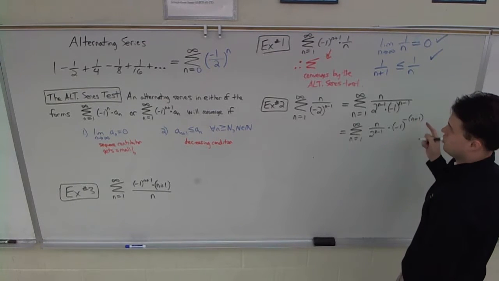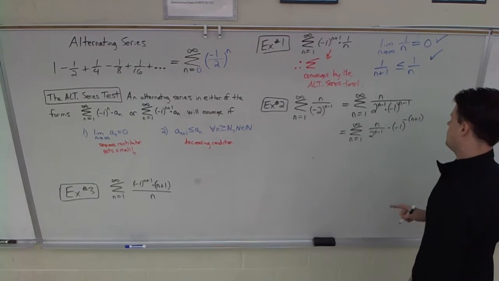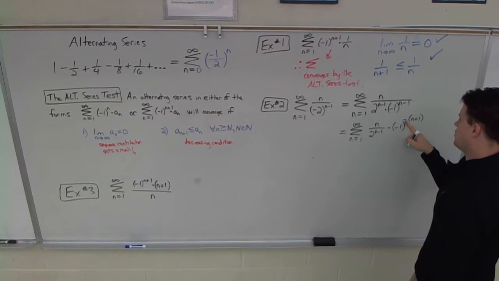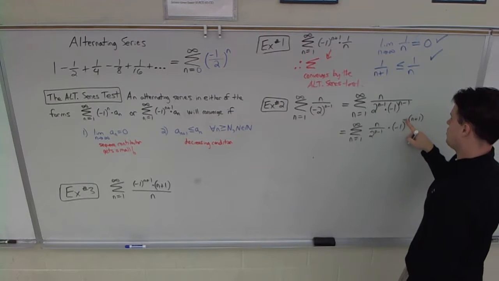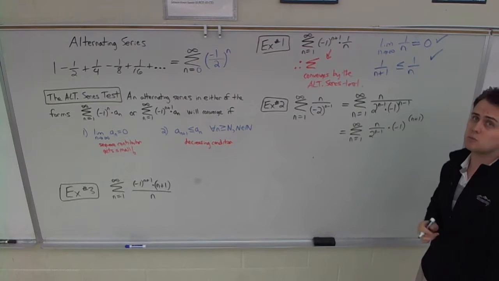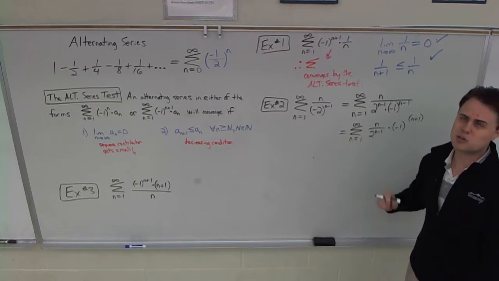So this is an alternator term. I don't think you really need to clean it up. It doesn't match exactly, but let's think about this. This is a 1, right? Does it really matter if I have this power here or not? I don't think it does. I think it's the same thing if I erase that. Think about that for a second. I think you'll be good because of the specialness of 1. That really doesn't matter because the reciprocal of 1 is still 1.